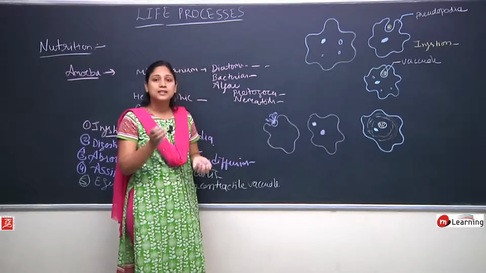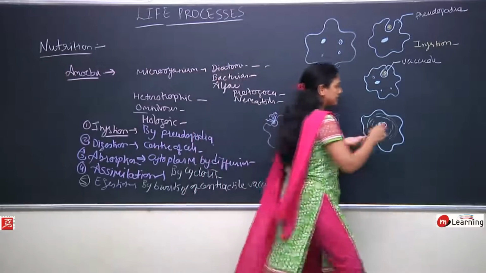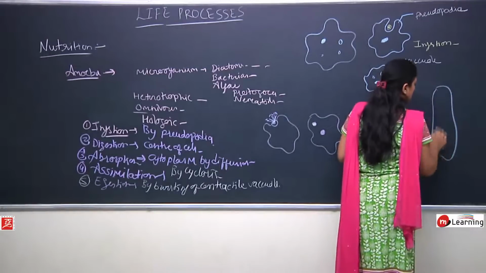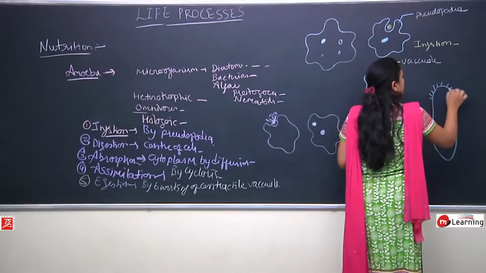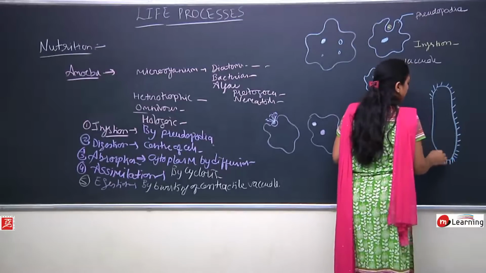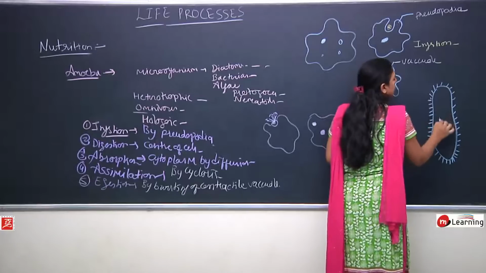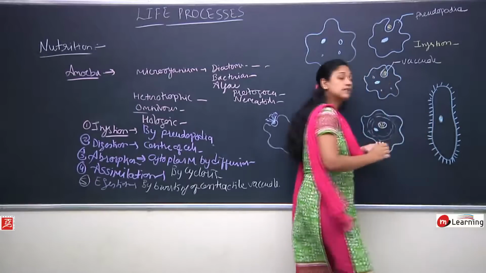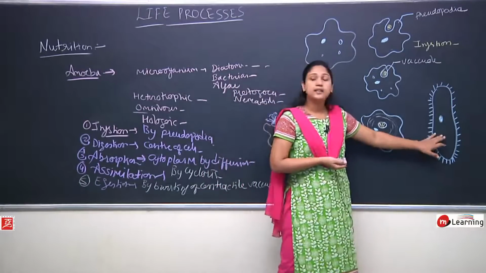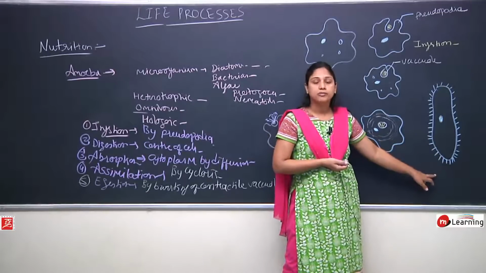Paramecium has hair-like projections on its body, which are called cilia, and paramecium moves by continued beating of these cilia, and it also takes its food by beating of these cilia.